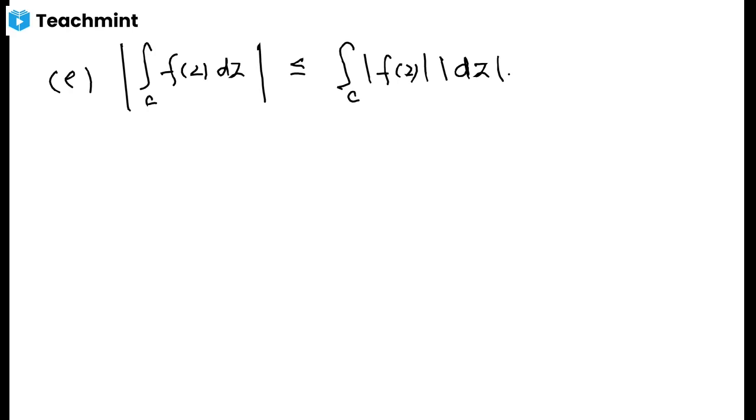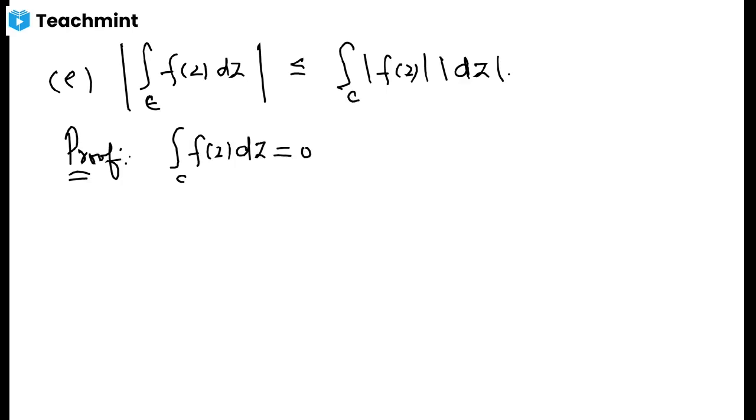So I will prove this for you here. Let me prove this part. I have two possibilities. One, that this is 0.